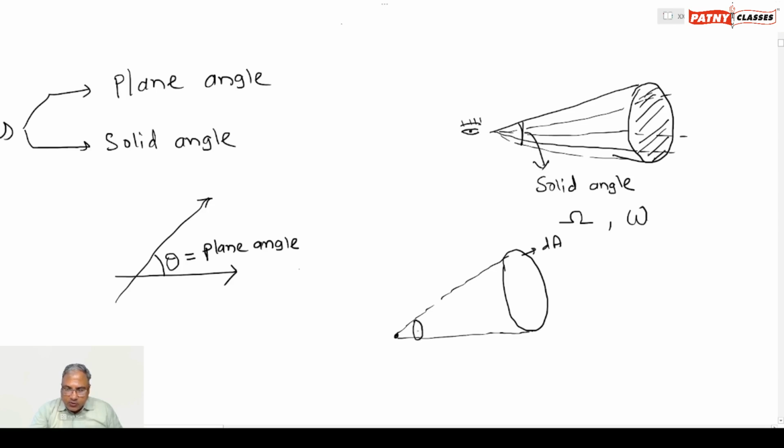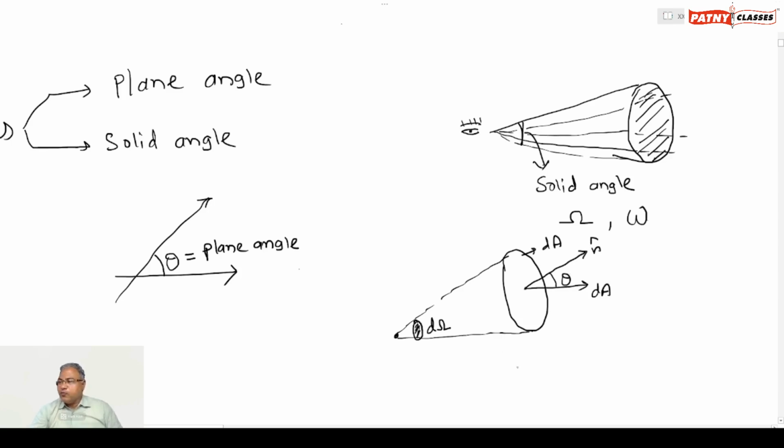This is the symbol of solid angle here. Let us say, d omega. And this is the direction of the area vector. And this is the direction of the normal vector. The angle between them is theta.